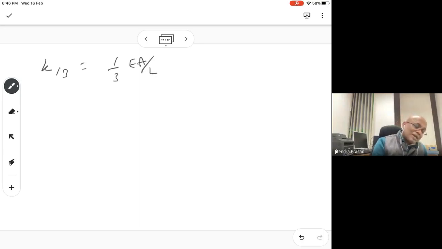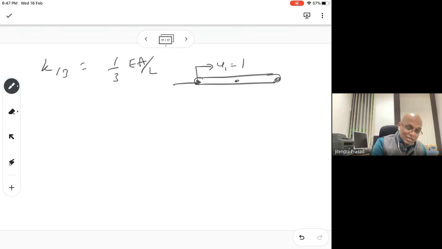Also, you can see from the mechanics point of view, here you are giving unit U1 equal to 1, and whatever force is needed, you are going to measure.